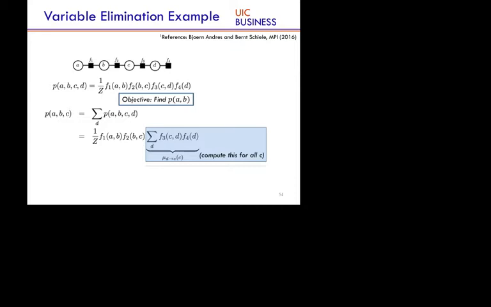So for this internal summation, for every fixed value of c, I'm going to compute this, and I'm going to represent this as nu of d to c of c.